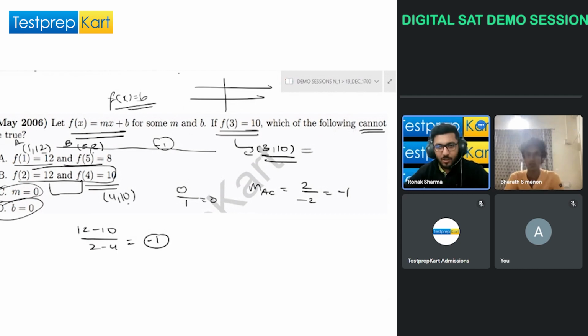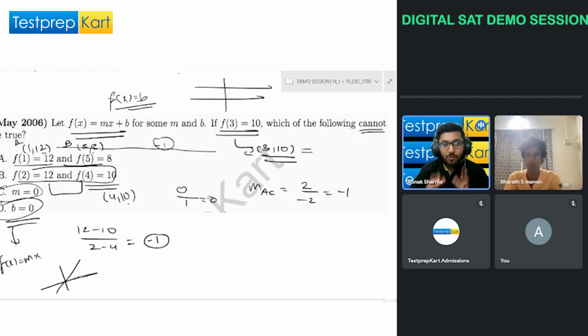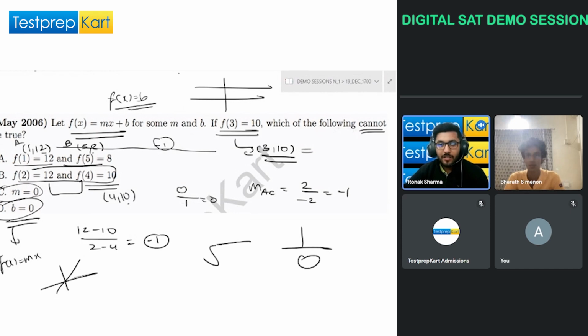And if b is equal to 0, f of x will be mx. So it will become a straight line passing through the origin. So no problem with that. Why no problem? Because I'm not getting something like 0 in the denominator or negative in the square root, those conditions which I have to reject. That is the reason for C and D.